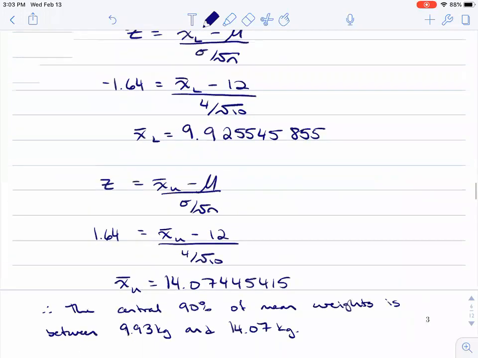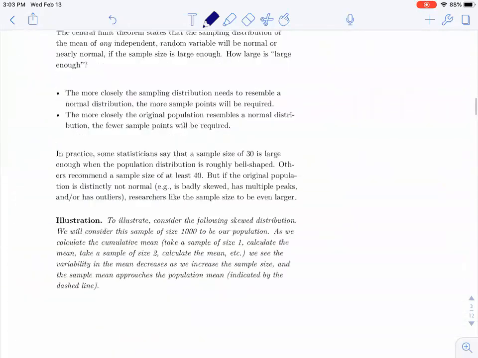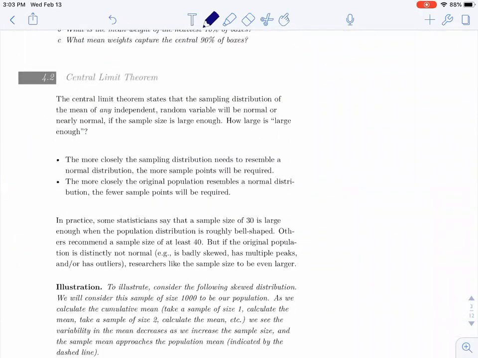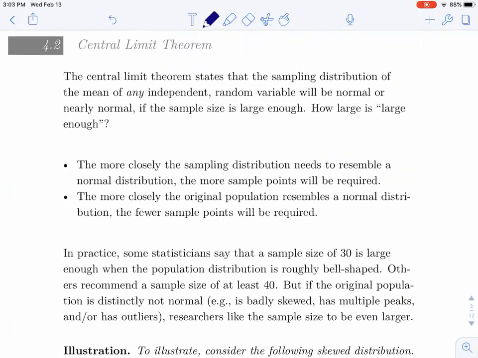So, I foreshadowed already, okay? But the central limit theorem is just as important as it sounds. The central limit theorem is really important because what it says is that, yeah, if we're sampling from a normal distribution, then the averages, yeah, they'll follow a normal distribution as well.